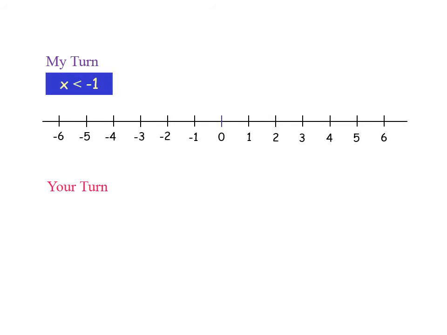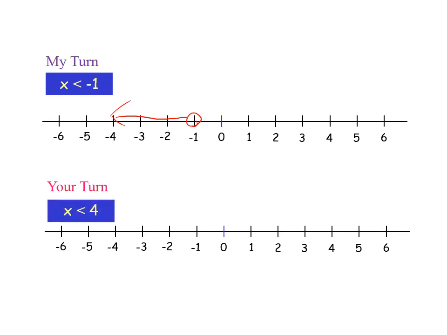X smaller than -1. We're back to using a hollow dot since -1 is not included. And your turn, x smaller than 4. You should have drawn something like this.